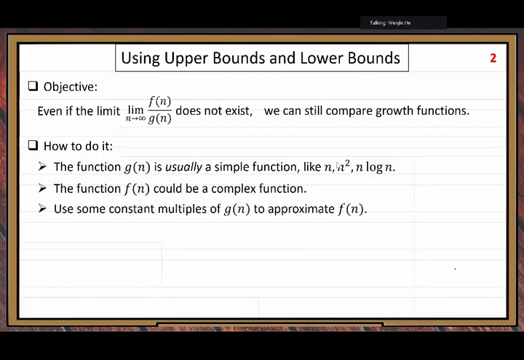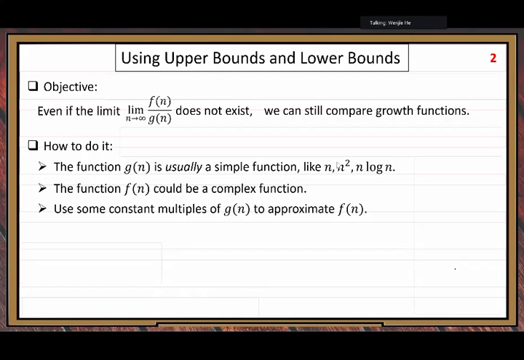So here, what we're doing: the g function is usually a relatively simple function, so we can get an idea of the g function easily when we see it. But the f function is sometimes relatively complicated.